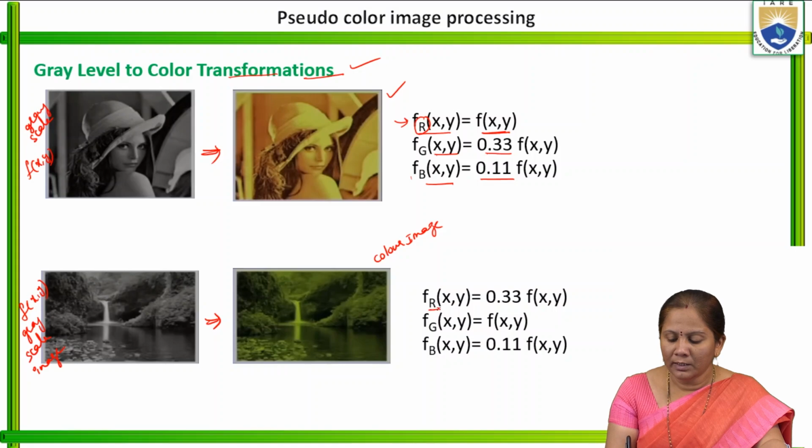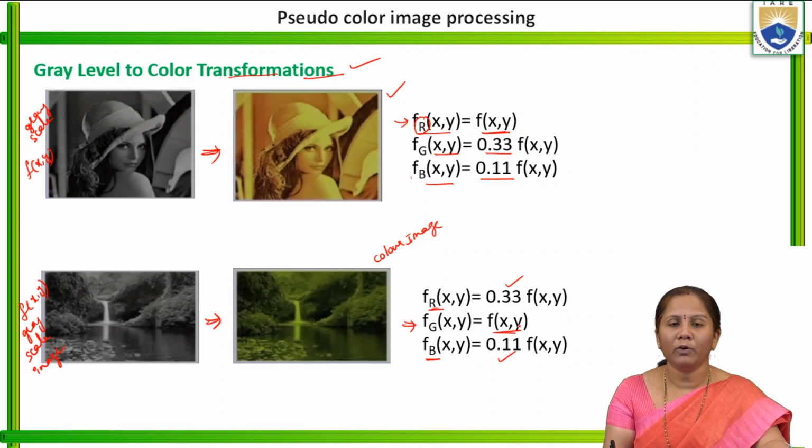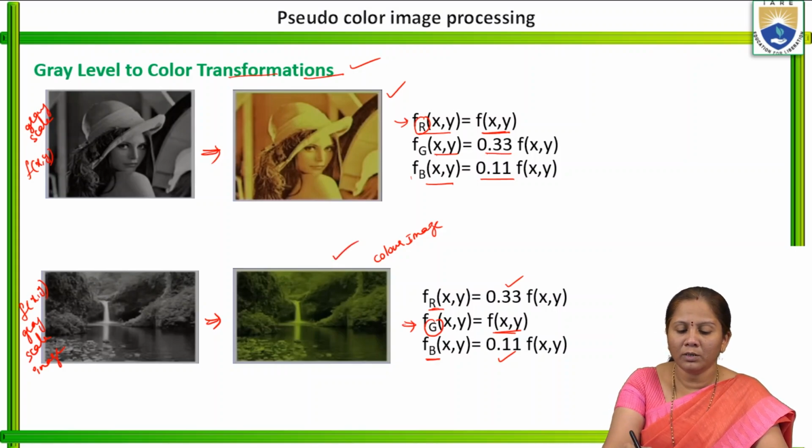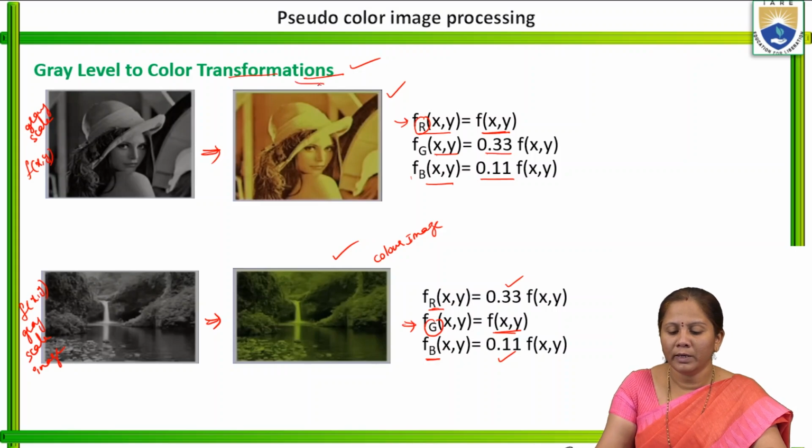So the red transformation and blue transformation are scaled with the values 0.33 and 0.11, whereas green fg of x comma y is the same as f of x comma y. That means in the output image, the green color will be dominant. So these are the examples for gray level to color transformations.